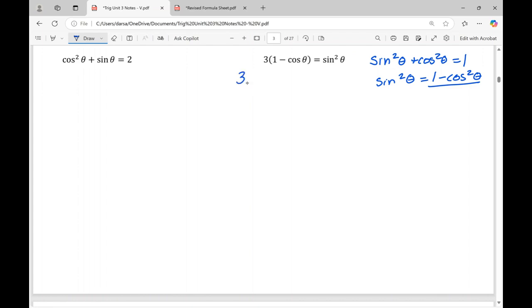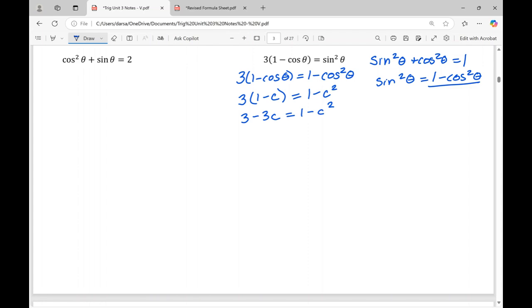It will give us 3 times 1 minus cosine is equal to 1 minus cosine squared. Now, at this point, now that we have all the same trig function, we'll go ahead and change the word cosine into c's, and then we'll solve this like an algebra problem where we have to get c by itself. So it looks like I need to distribute the 3.